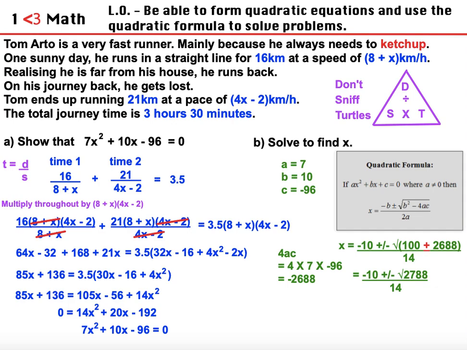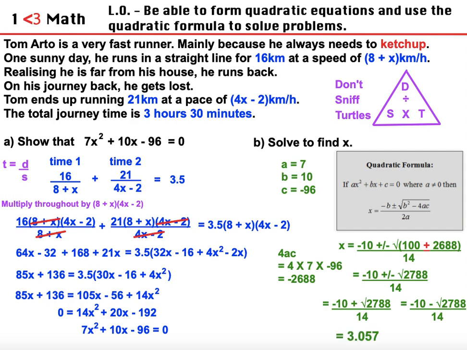And this is where we break it into two because quadratic equations do have two solutions. So we're going to do the positive version, minus 10 plus the root of 2,788 divided by 14, and the negative version, which would be minus 10 minus the root of 2,788 divided by 14. So we can put these into our calculator now.